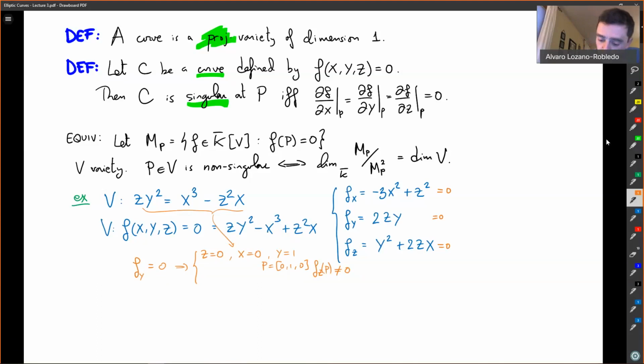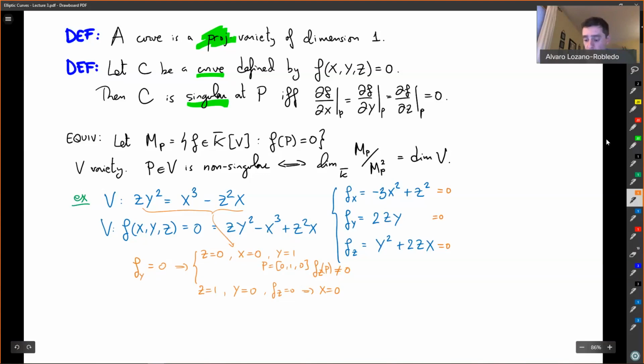So then we must have that z is non-zero, but since we're in projective space, we can assume that z is 1, and if z is 1, then y must vanish. And if y vanishes, from the derivative with respect to z being 0, I can deduce that x must vanish also.